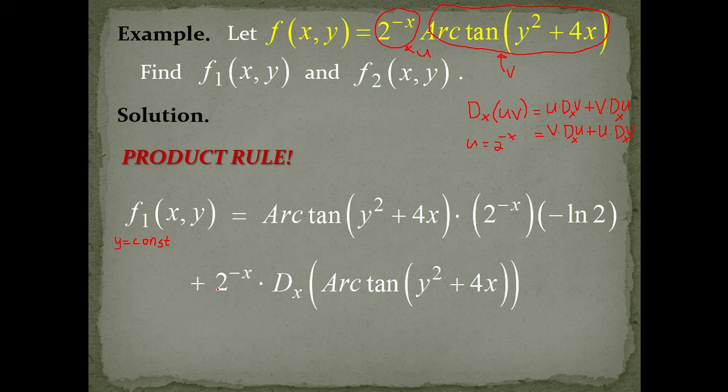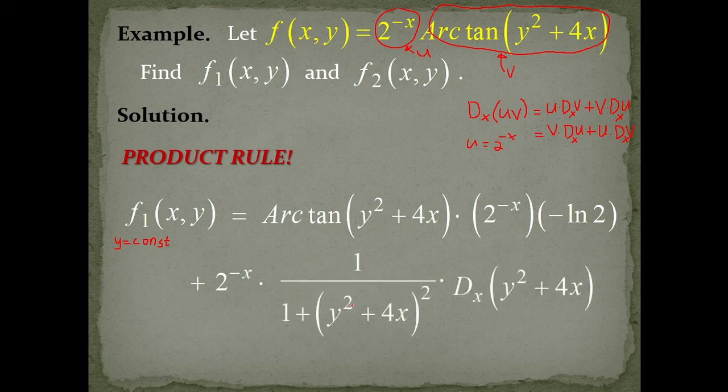Then plus 2 to the x, then the derivative of arc tangent. We know that the derivative of arc tangent is 1 over 1 plus u squared. So the result of this is 1 over 1 plus u, which is y squared plus 4x, then squared, times the derivative of this. We're differentiating with respect to x, so y is constant.